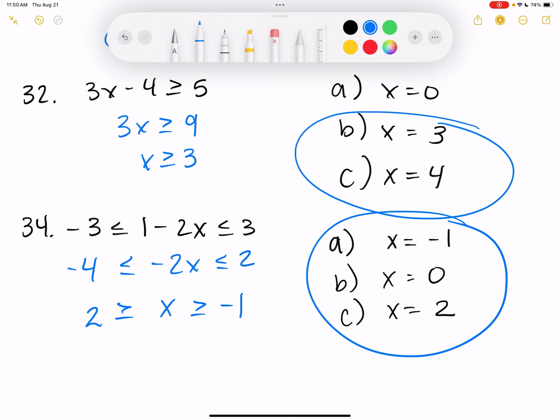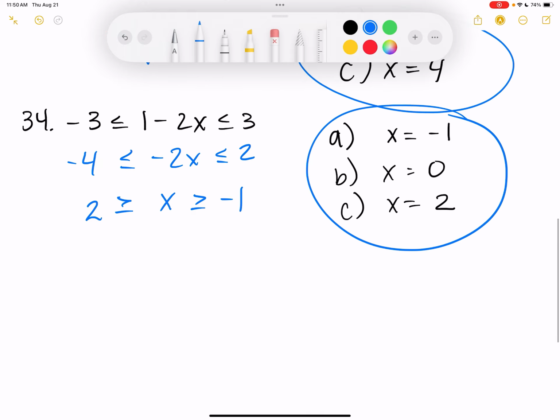Solve the inequality and draw a number line graph of the solution set. Number 38: 3x minus 1 is greater than or equal to 6x plus 8. It doesn't really matter, but for inequalities, I like my variable on the left, though that's personal preference.